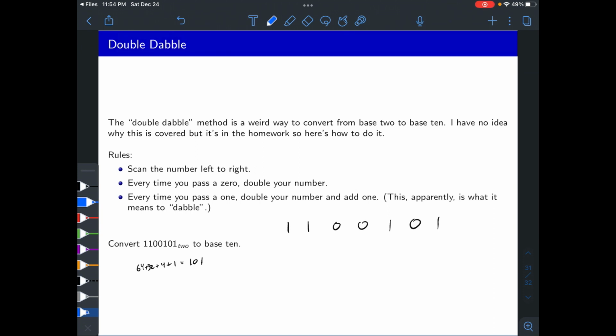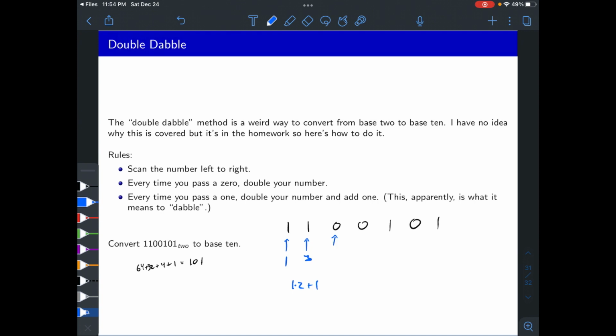So we start right here with a 1. Scanning left to right, we then get to a 1. If we have a 1 and then we find a 1, we dabble. That means we double and add 1. So if I take the number 1, double it, and add 1, I get 3.